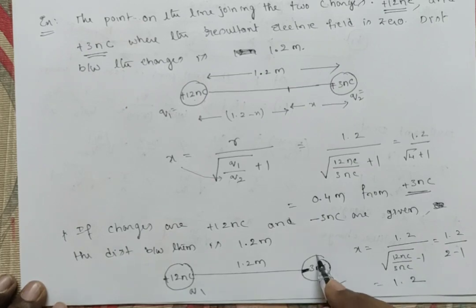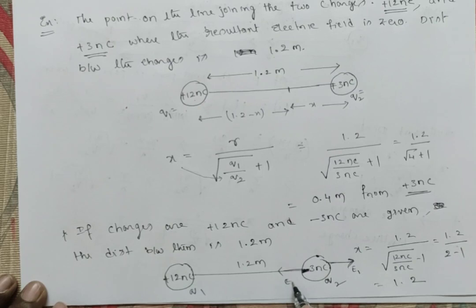So exactly at the second charge, the electric field intensities are equal and opposite, that is E1, E2, because 1.2 means that is from the first charge. We will discuss it here clearly.